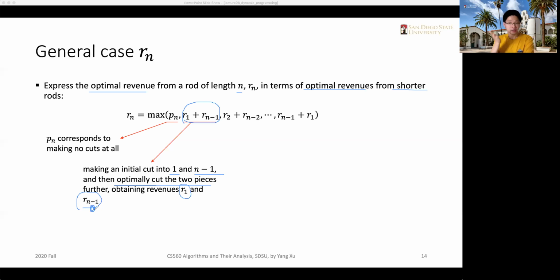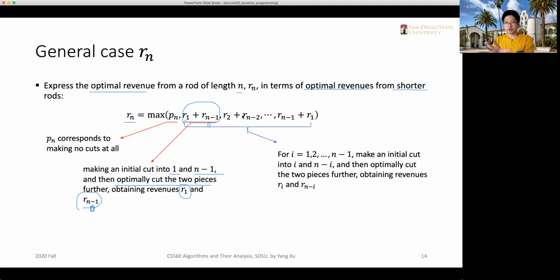This is recursive thinking: when we talk about the solutions to the rod of length n, we need the solutions to the smaller subproblems, and similarly for the rest of the items in this maximum expression here.